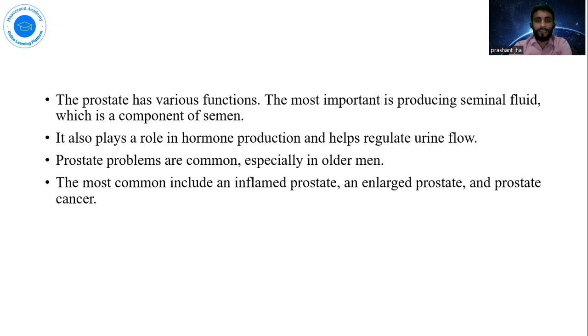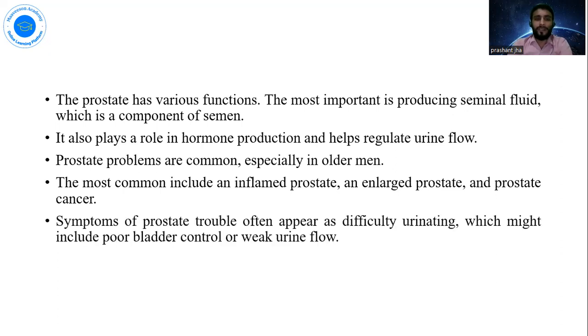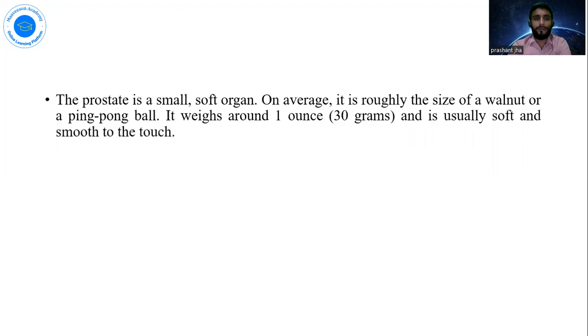So these are the various problems associated with senior citizens or old men from the prostate. Symptoms of prostate trouble often appear as difficulty urinating, which might include poor bladder control or weak urine flow.